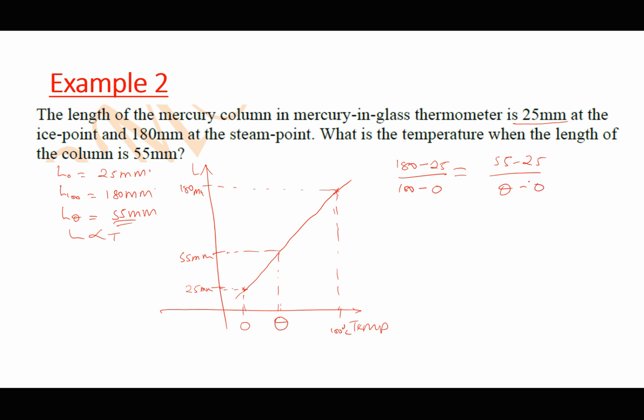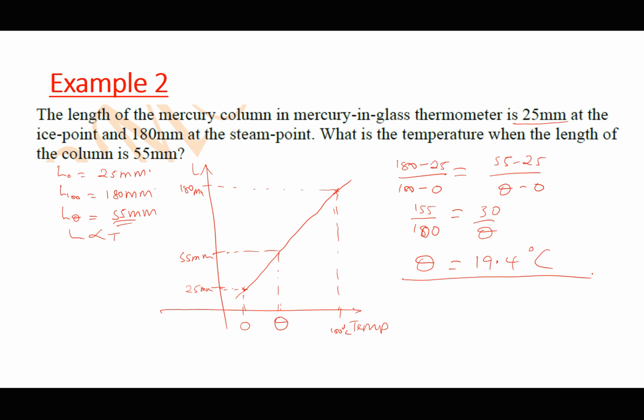Let's subtract: 180 minus 25 is 155, divided by 100, should be equal to 55 minus 25, which is 30, divided by theta. Making theta the subject by cross multiplying, that becomes 3000 divided by 155, and this gives me 19.4 degrees Celsius. So that will be the unknown temperature if the length is 55 millimeters.